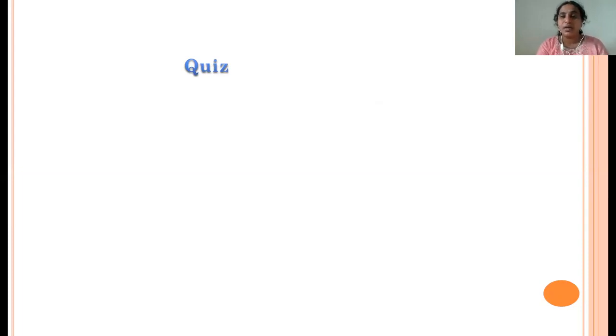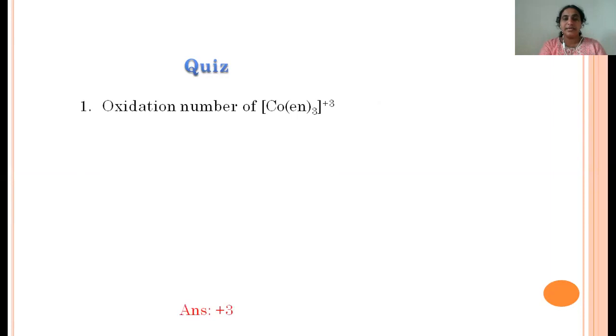So I hope you all understood how to write the IUPAC nomenclature of complexes, and what Werner's theory is and how it explains the primary valency, secondary valency and molar conductance. So let us solve some problems. In this complex, what is the oxidation number of Co?